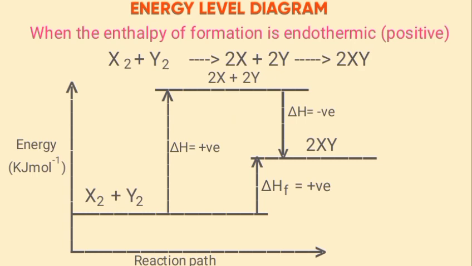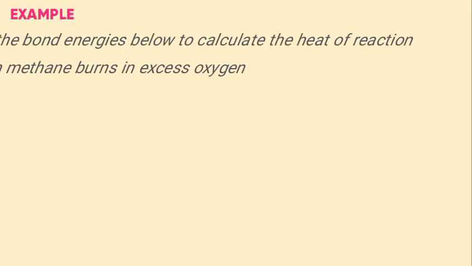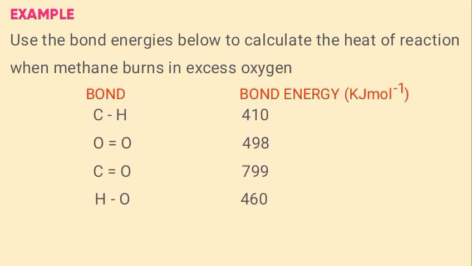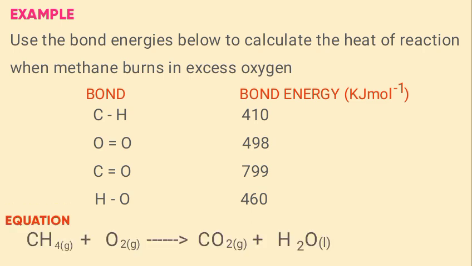Now let's look at an example of a calculation. Use the bond energies below to calculate the heat of reaction when methane burns in excess oxygen. Before doing the calculation, the first step is to write a balanced chemical equation, that is CH4 methane plus oxygen arrow carbon dioxide CO2 plus water.